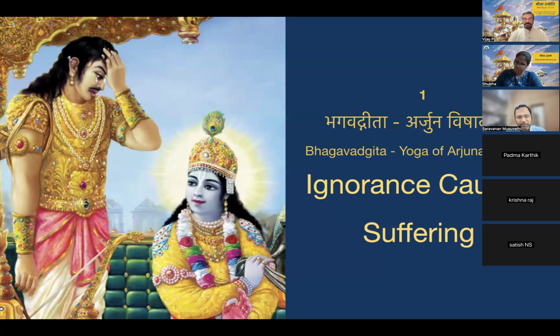That leads to confusion of why am I here, why am I fighting, am I doing the right thing, and that causes the suffering. So that's the starting point explained in the first chapter: any suffering means there is a lack of clear understanding, to generalize from the title.